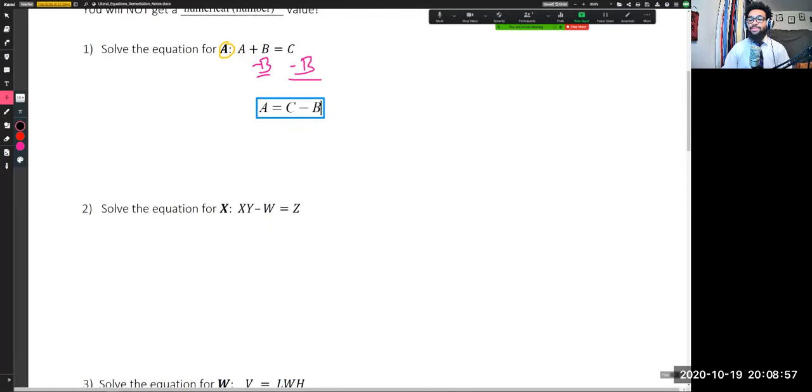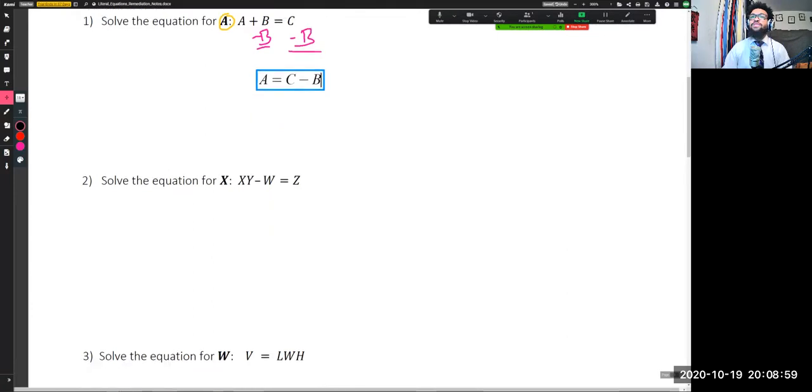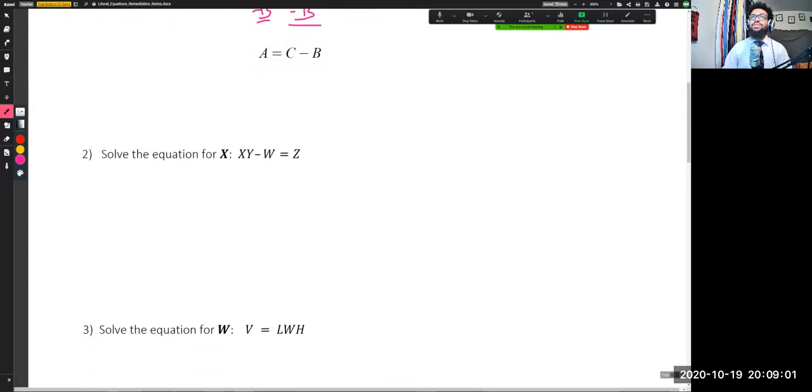Number 2 says, solve the equation for x. So I need to get x by itself. Let me change colors. I need to get x by itself, right? X needs to be the only thing on this side. So for that to happen, I need to move this w and this y over.